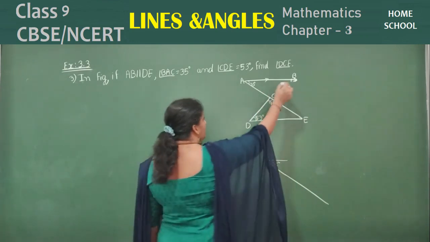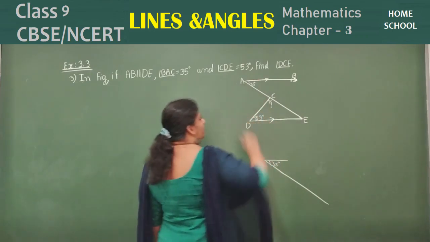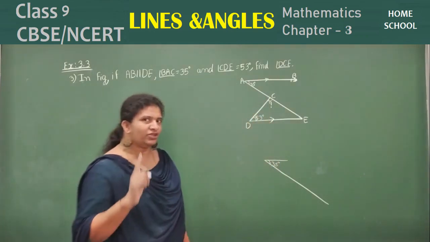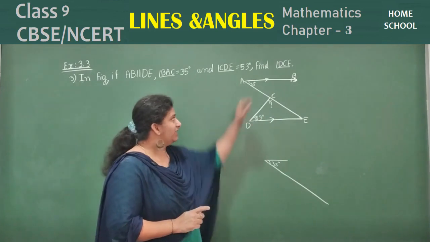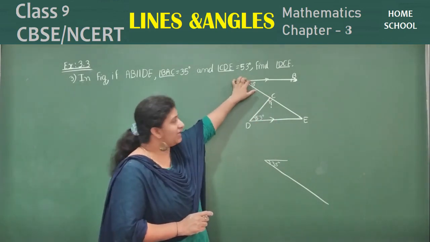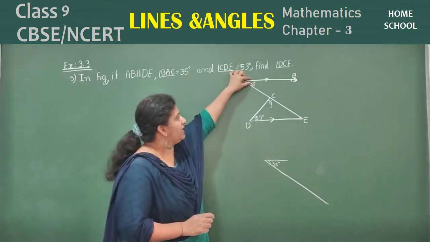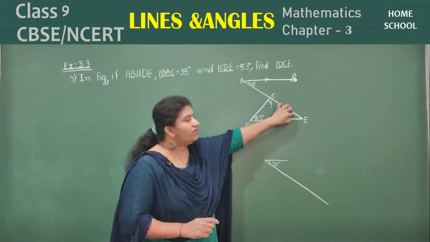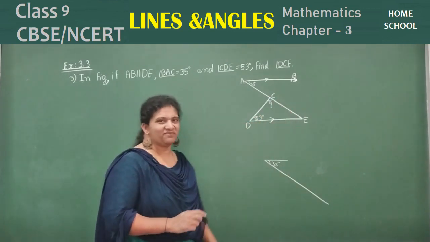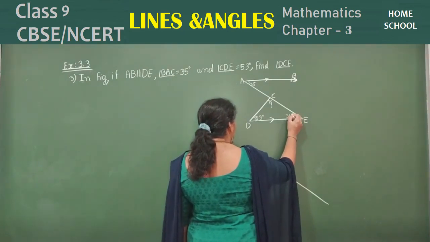So now angle BAE is 35, I will say. Immediately you should think of one thing. What is that? If these two lines are parallel, the interior angles are alternate to one another. That makes this 35. Then what will be this one? 35 degrees.